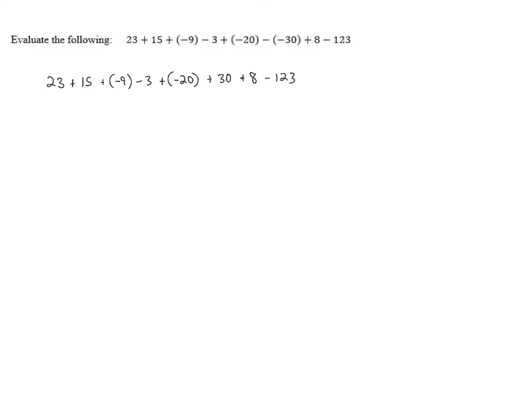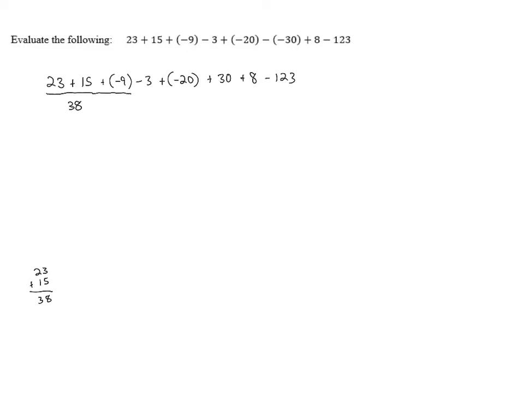Let's go from left to right. We'll start with 23 plus 15. I'm going to do this off to the side so it's out of the way, because we're going to have a lot of calculations to do. If we add 23 and 15, 5 plus 3 is 8, 2 plus 1 is 3, so we end up with 38 as the result of that first addition.